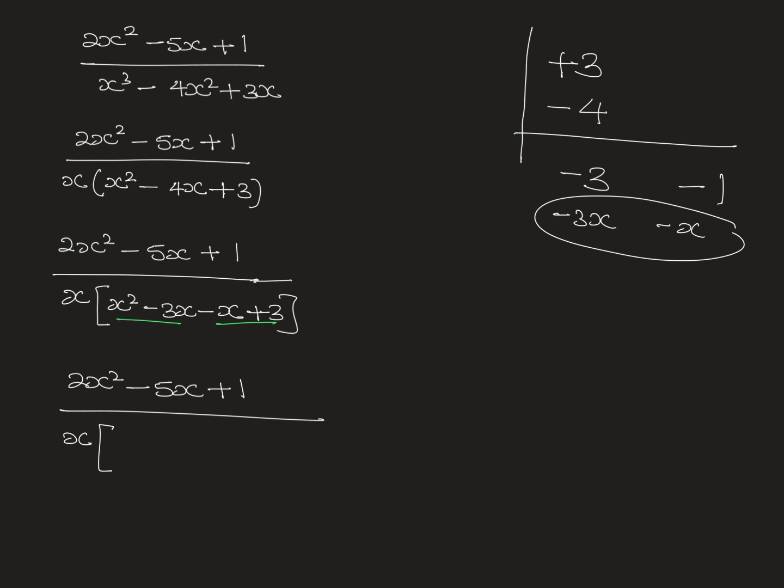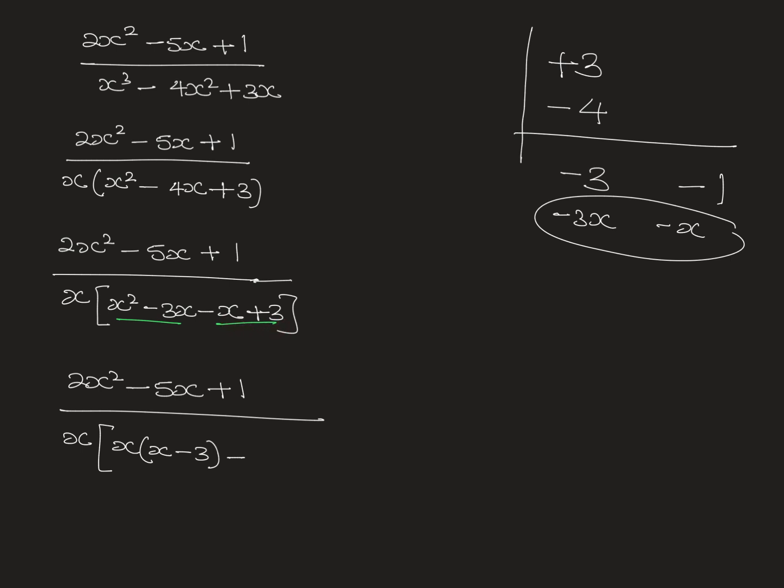What is common in x squared minus 3x? That is x. So that will be x into (x minus 3). Then minus, so what is common in x plus 3?